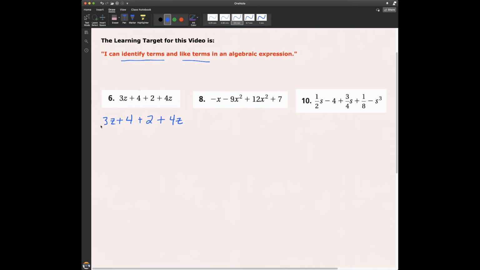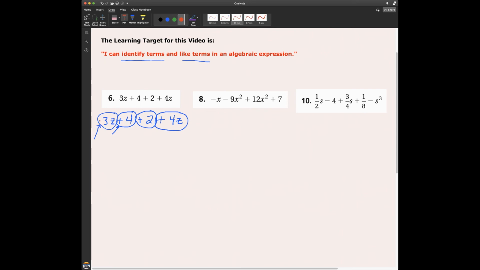Okay, and I want to identify the terms. The terms are 3z, here's one term, here's another term, 4, and when I put that circle around it, I'm going to include the sign, and you'll see why when we start to combine like terms later on. So this term is positive 4, this term is positive 2, and this term is positive 4z. Now in front of the 3z, there is no negative sign.